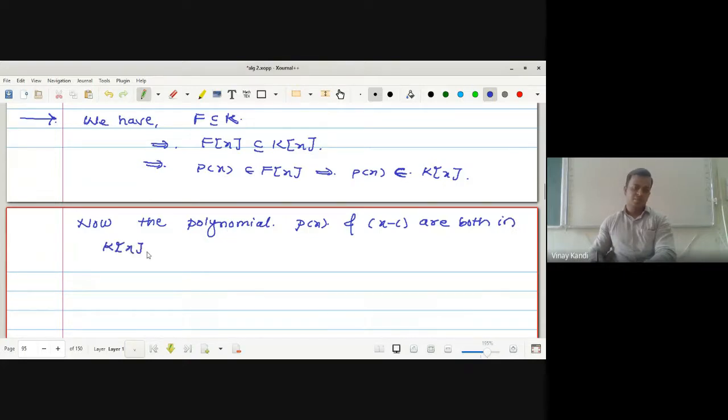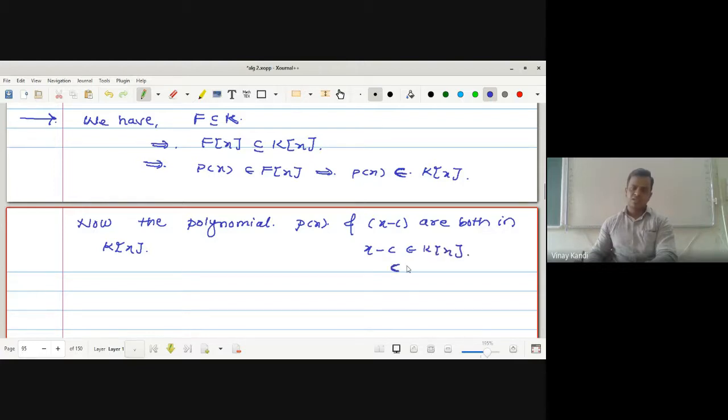Is it a correct statement? The polynomial P of x and x minus c. Is it that x minus c belongs to K of x? x minus c belongs to capital K of x.